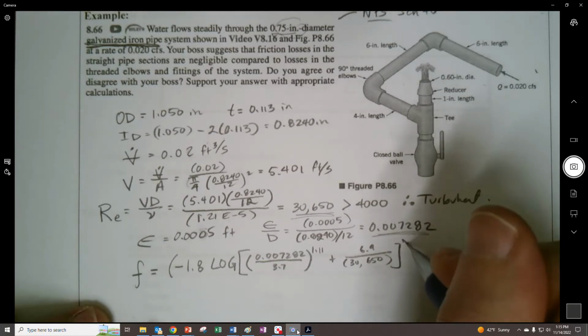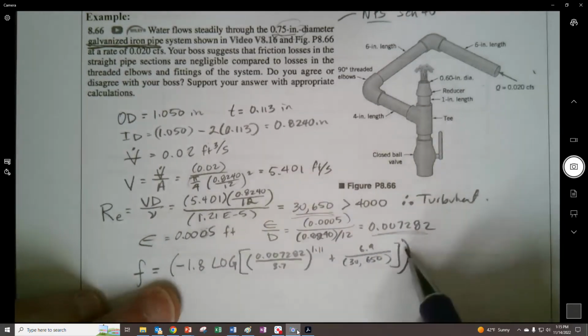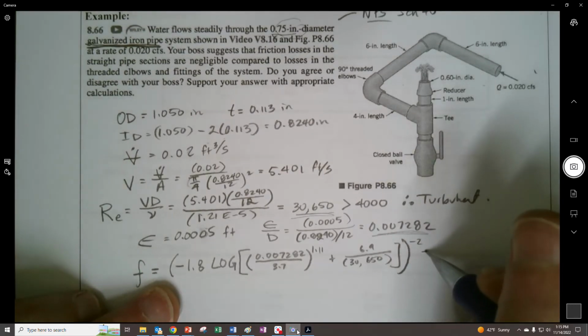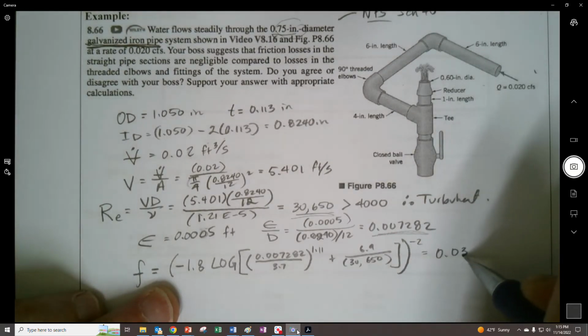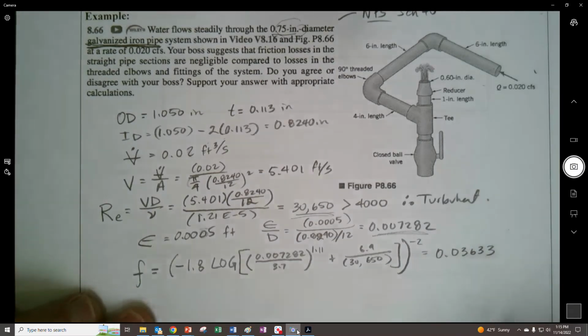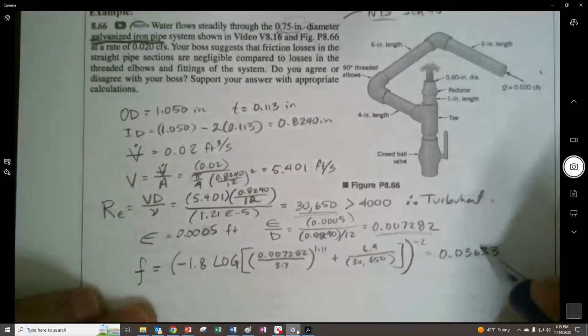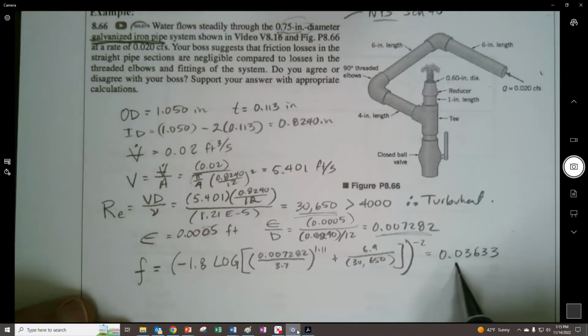And then we take that whole thing, right? So I close that out to the negative 2. And I got 0.03633, all right? So I had said 0.035. This isn't terribly off. I'm going to go ahead and use this one.